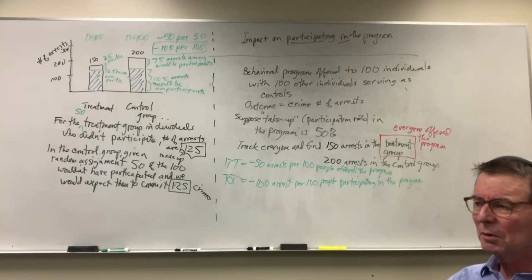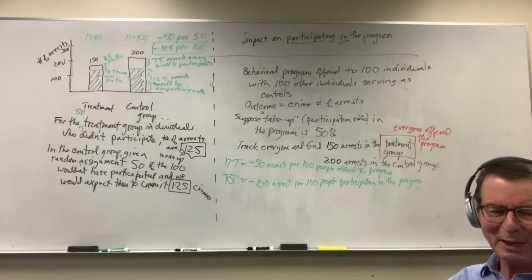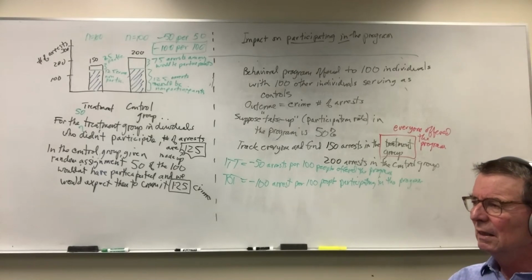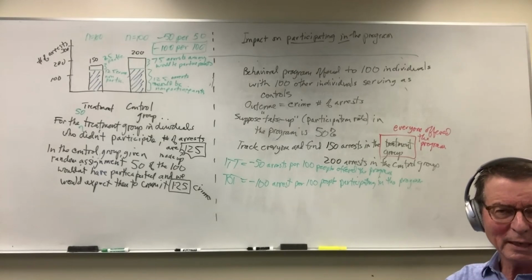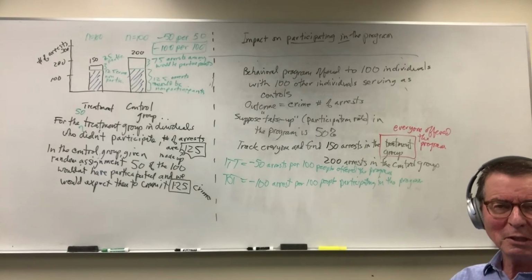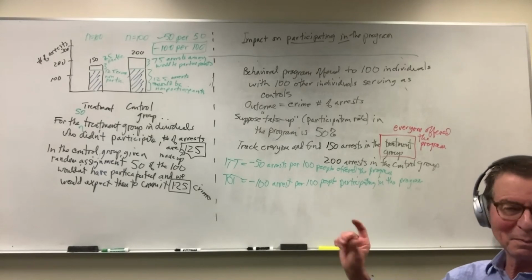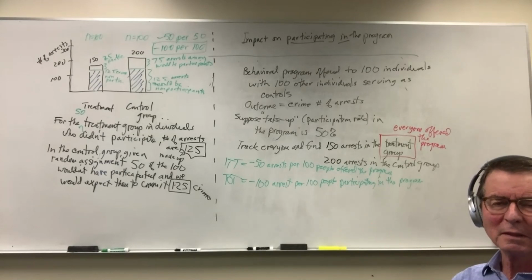The ITT numbers are always smaller than the TOT numbers, and they can't figure out which is right. They're both right in the sense that one is ITT and one is TOT, but they're linked by this very simple formula.